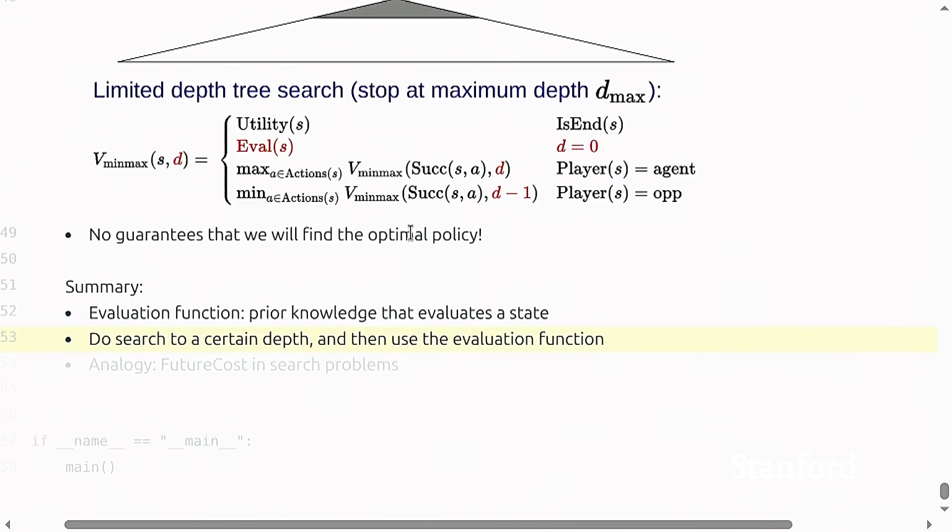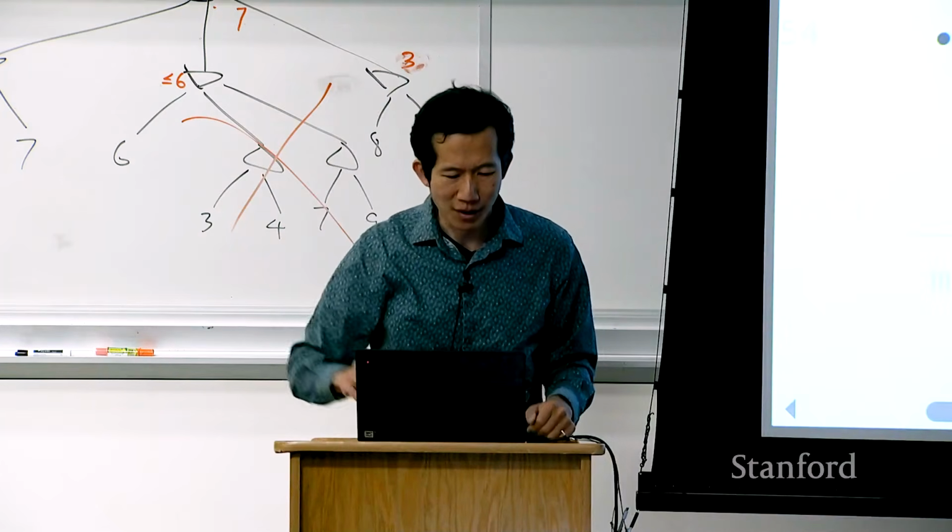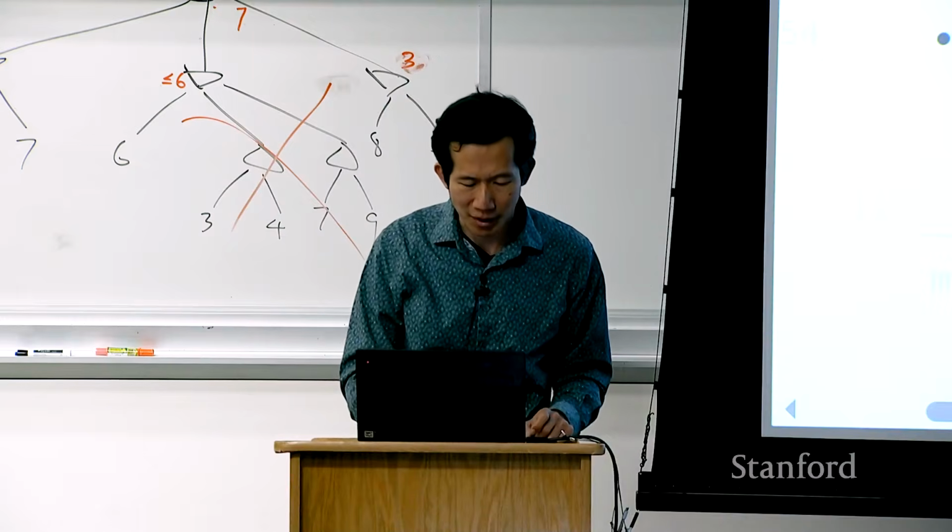Do search to a certain depth and then use the evaluation function. This is depth-limited search. And the analogy is a bit like future costs in search problems, where you look a step forward and then you approximate.